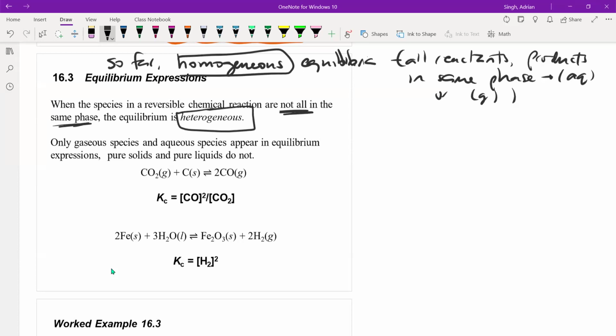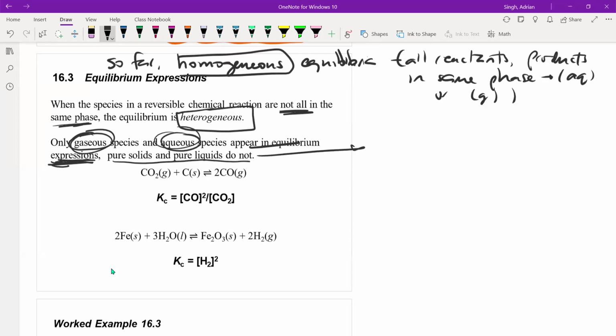Now, if you have heterogeneous equilibrium, and you need to interpret or use that, one thing to keep in mind is that only your species that are in the gas phase and aqueous species are the only things that appear in the equilibrium expressions. So when you write your Kc or your Qc expression, only gases or aqueous species appear in them. Pure solids and pure liquids do not.